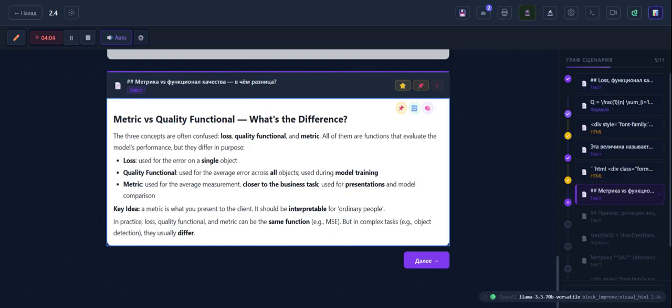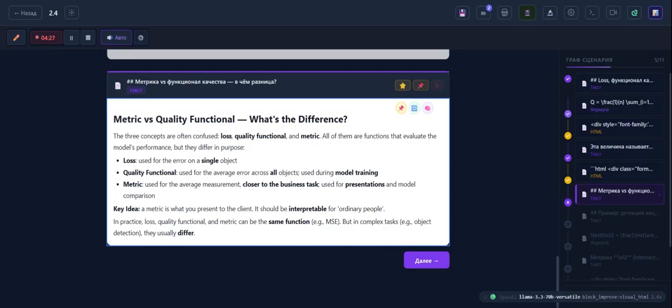To summarize, what's the difference between all these terms? Metric vs quality functional vs a loss function. These three concepts are often confused and used together. And what's the difference between them?